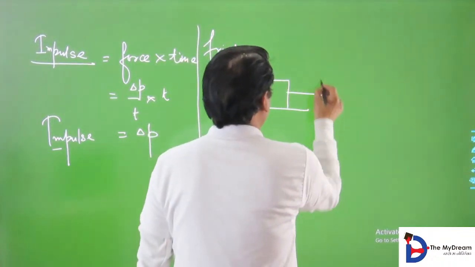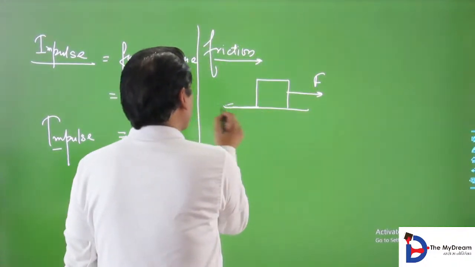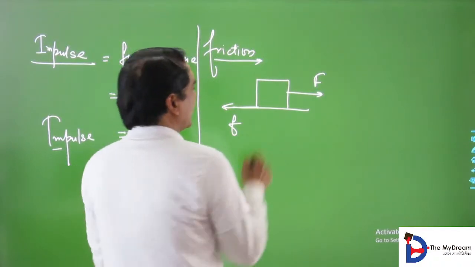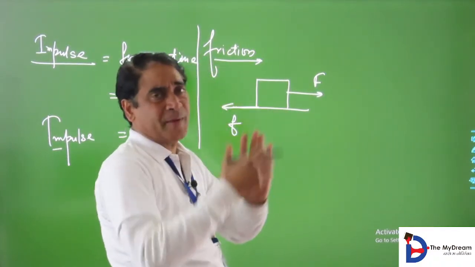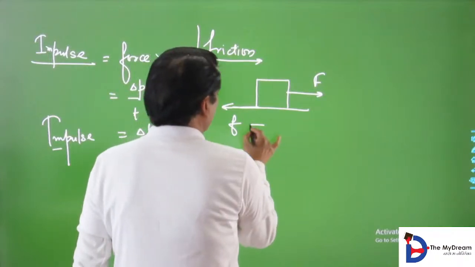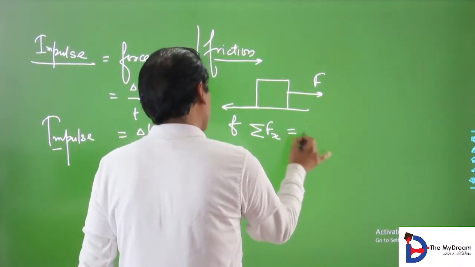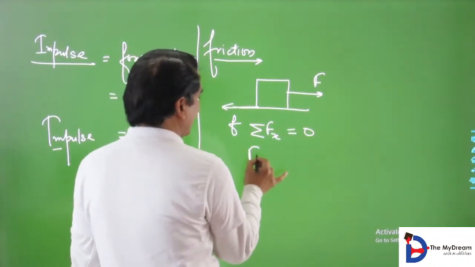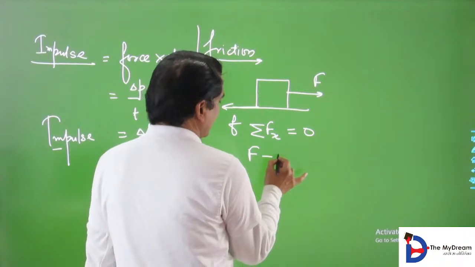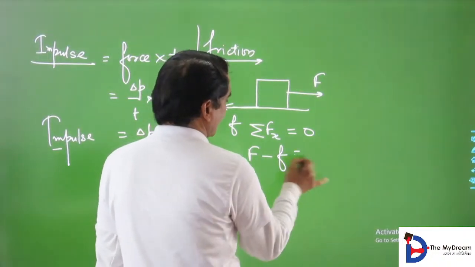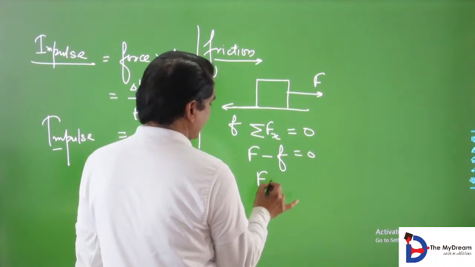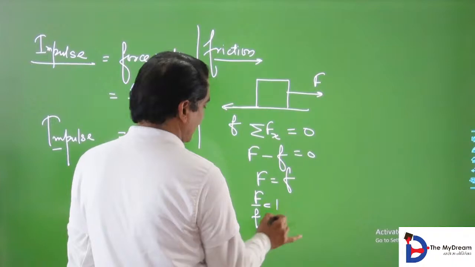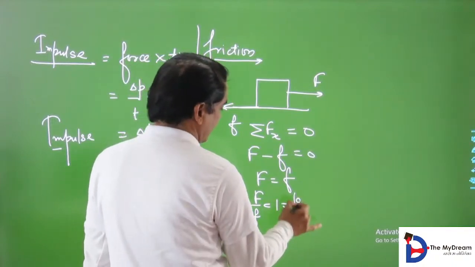This is the force F, there is the force of friction, and there is no horizontal displacement. It means there is no force on the x axis, so the net force is F minus F equal to 0, so F is equal to F, so F upon F is equal to 1, which is equal to tan 45.